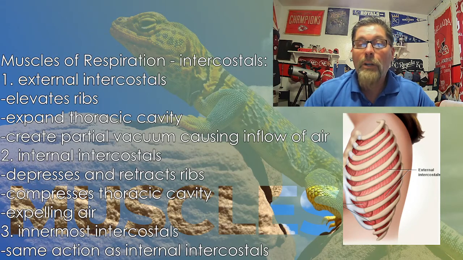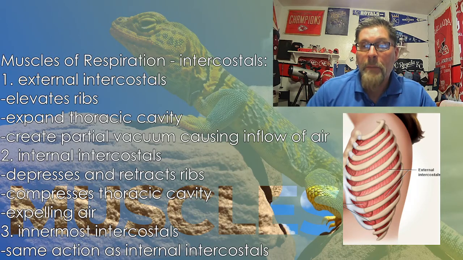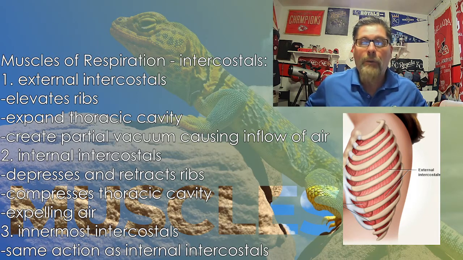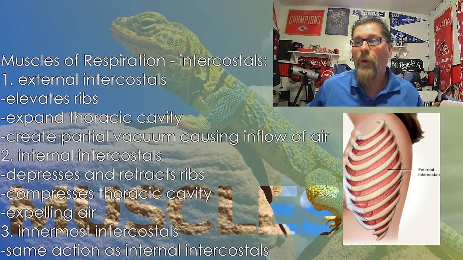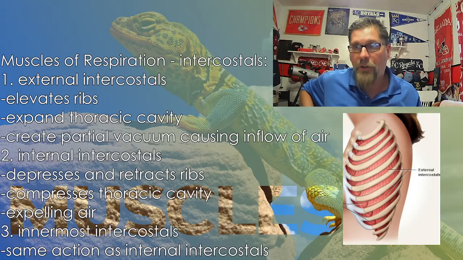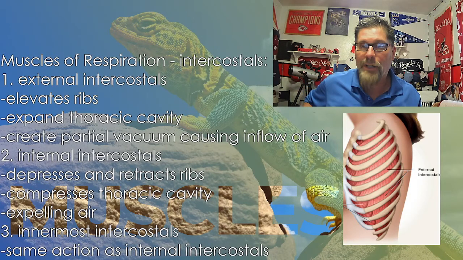But continue with respiration. These are obviously the ribs. And what's going on there with the intercostals, that's the muscles underneath the rib cage. And you imagine that they would raise up. Now, it's not the muscles you can feel on your side. Those are above, on top of the rib cage.